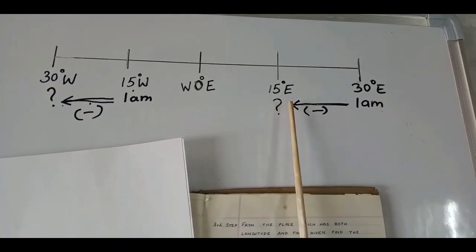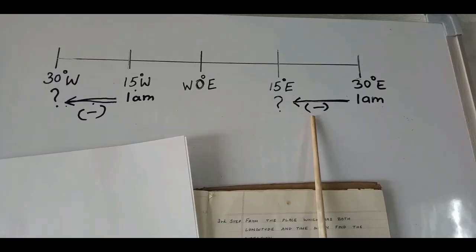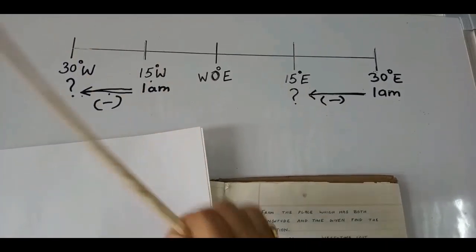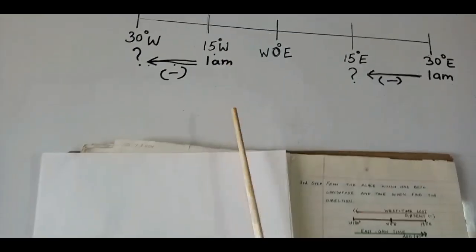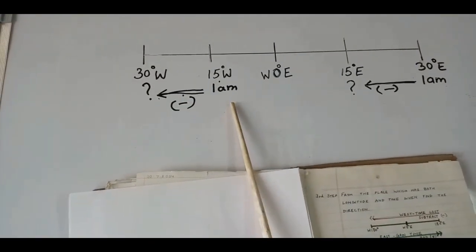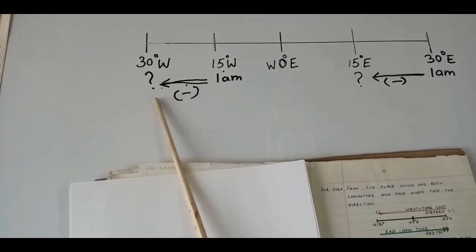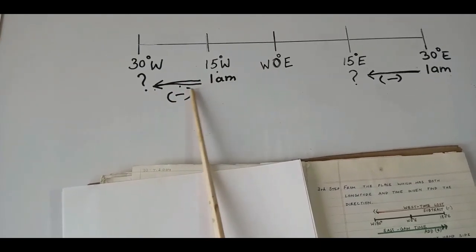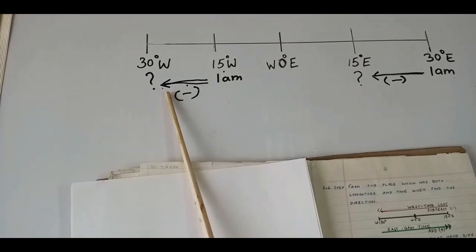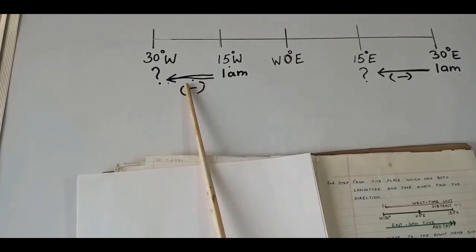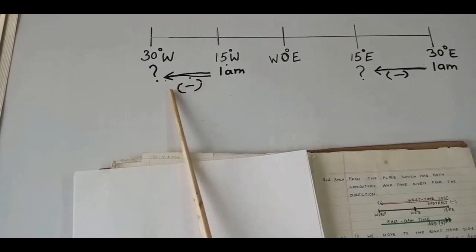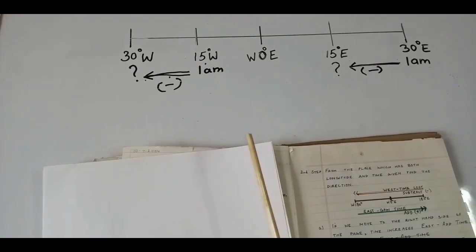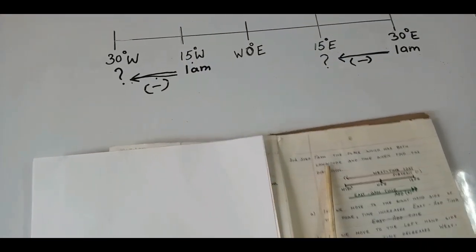Therefore, in this case, there will be a subtraction. Same case is here, that 15 degrees time 1 a.m. is given and you have to find the time of 30 degrees west. Here also one is moving from east to west. The direction of movement is east to west. Hence again the time will be subtracted. I hope it's clear till here.